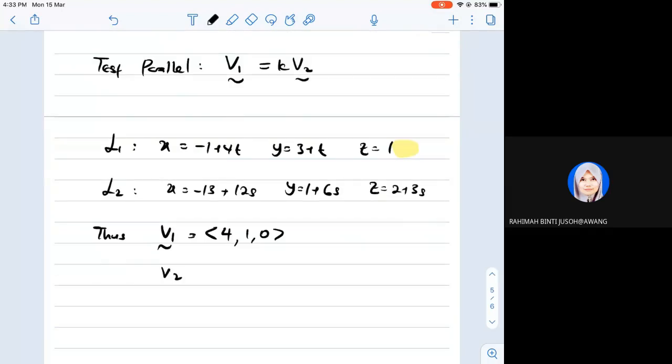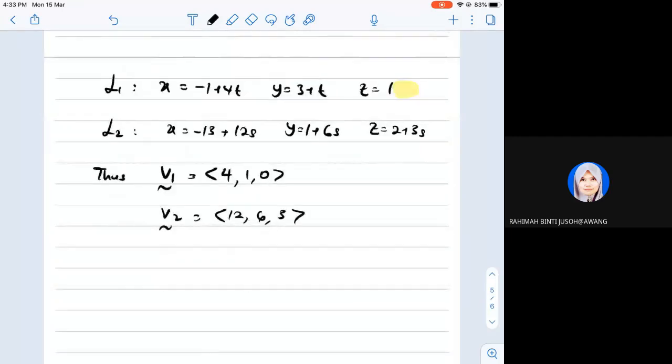Okay, V2 sama dengan apa? 12, 6, 3. Yes, 12, 6, 3. Okay, good, well done. So here, can you find any coefficients of K such that V1 equals to KV2? Ada tak? Wujud ke nilai K tu? Tak wujud kan?